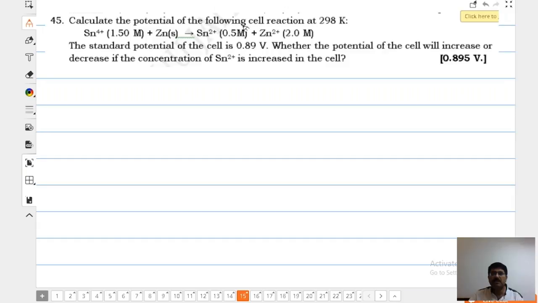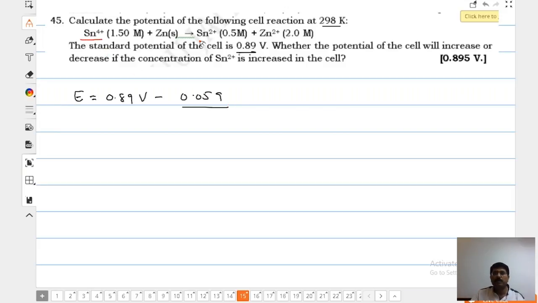Calculate the potential of the following cell reaction at 298 Kelvin. The standard potential is 0.89. Now, it is going to be E equals 0.89. Everybody understand from where 0.89 is coming? This minus 0.059 by n. Try to recognize the n.